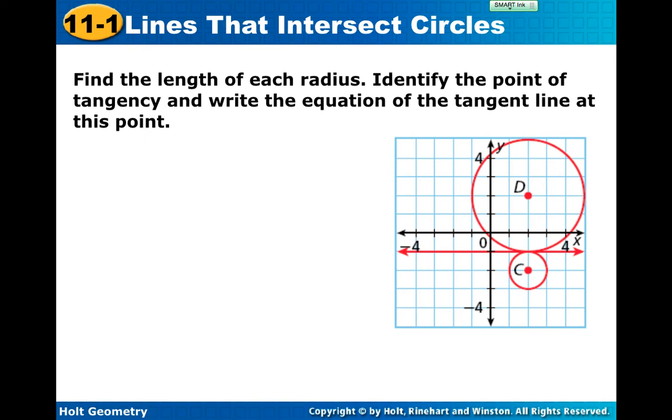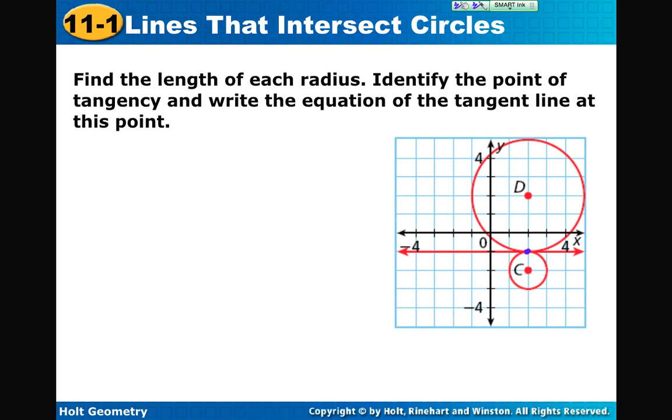We're focusing mostly on the point of tangency. What is this point where those two circles touch?